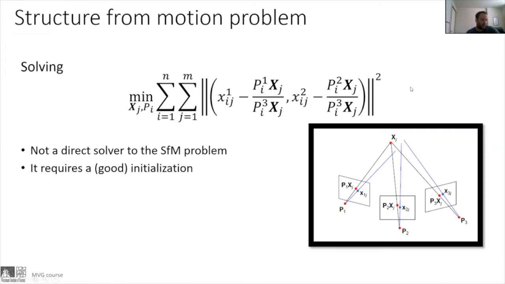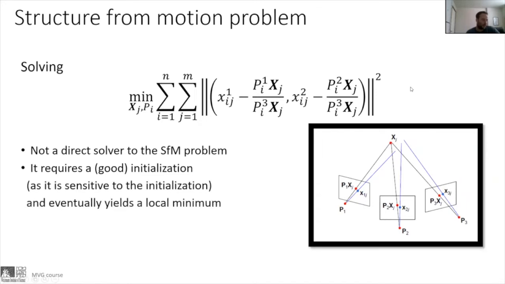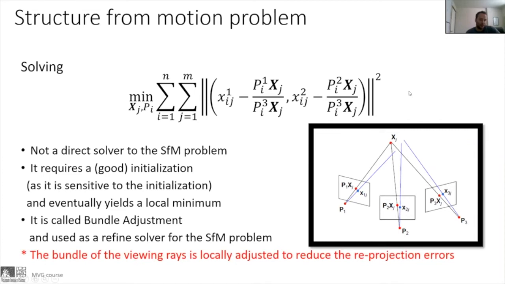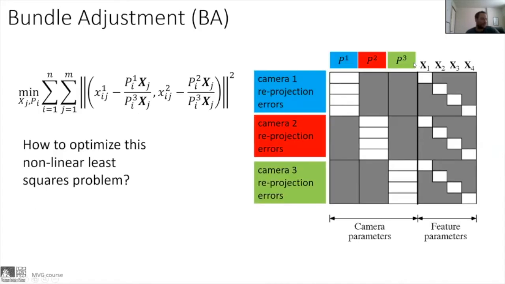We need to begin with an initial solution, and it's also very sensitive to this solution. And it's called bundle adjustment because the bundle of the viewing rays is locally adjusted to reduce the reprojection error. So if you wonder why it's called like this.